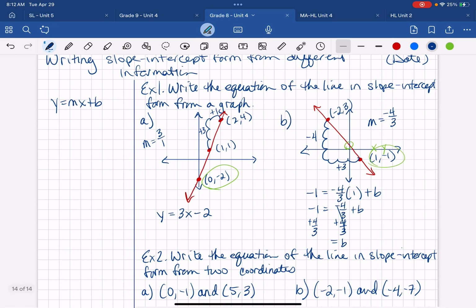A negative 1 is really a negative 3 over 3. I want to do that so I have a common denominator and I can add these fractions. Negative 3 plus 4 gives me 1 over 3. So my b is 1/3, which means my equation is y equals negative 4/3 x plus 1/3.